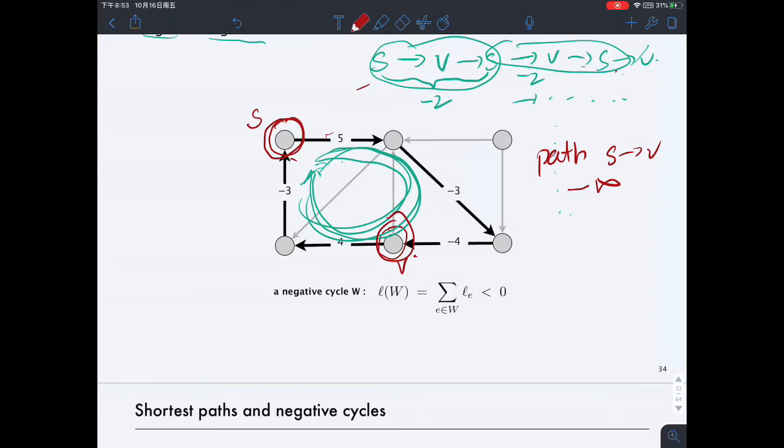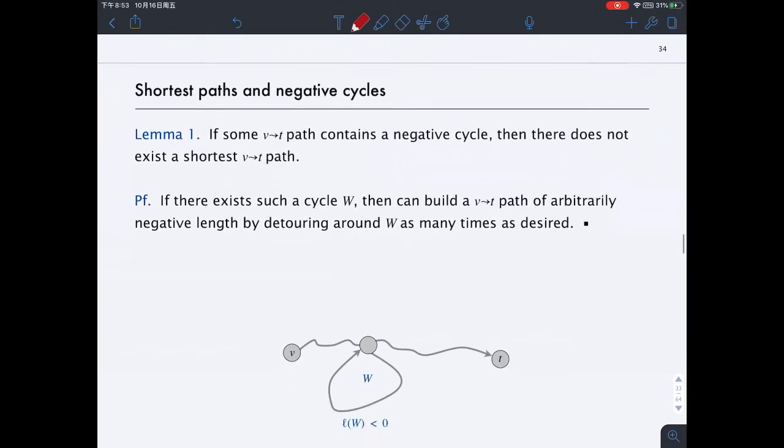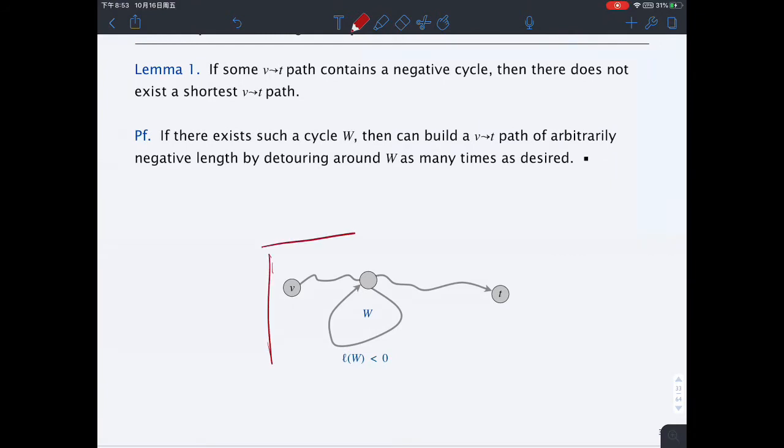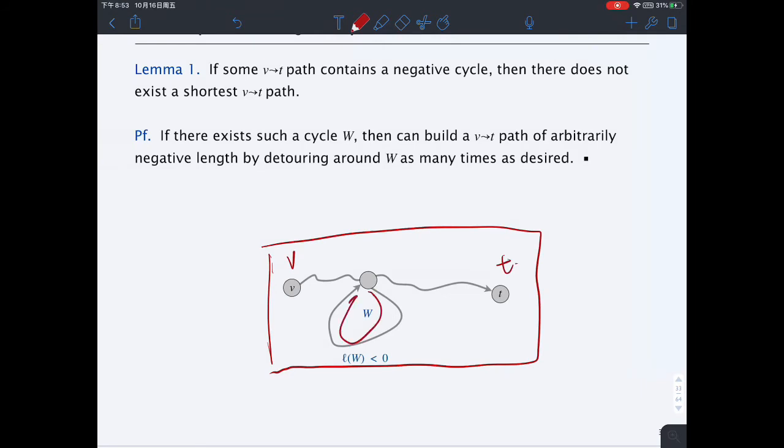So the intuition is really just that the algorithm is too attracted by this particular negative weight loop. It will just keep using the loop to try to reduce the total path length, and the algorithm will be trapped into just using this loop. This is a better visualization here.